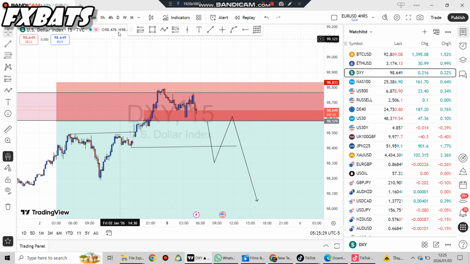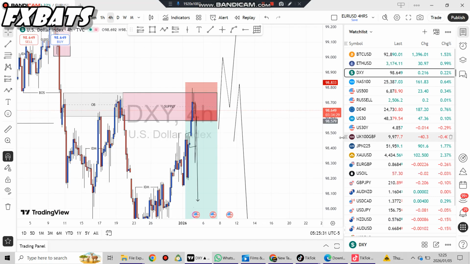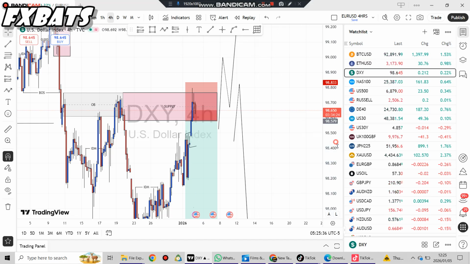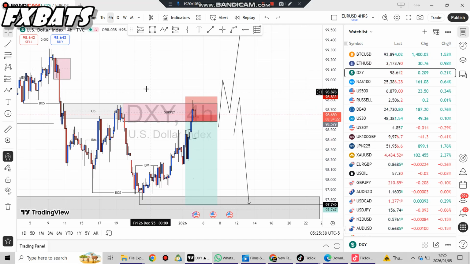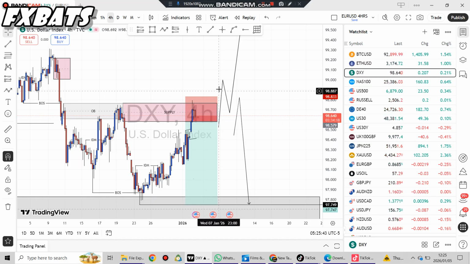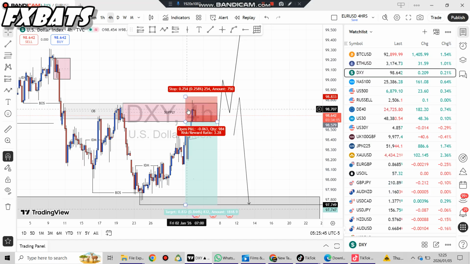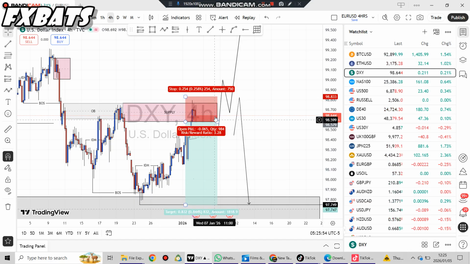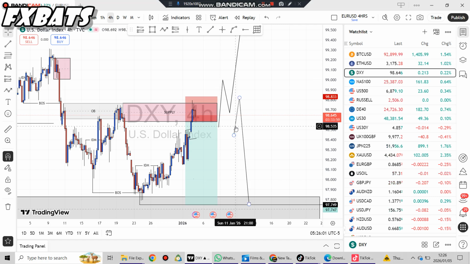But in other words, if we go to 4 hour and price fails to respect this area of supply and intends to break it out, this area of supply will be named a choke, and there will be a reversal. I'll wait for a valid break, a candle closing above, and a retest.